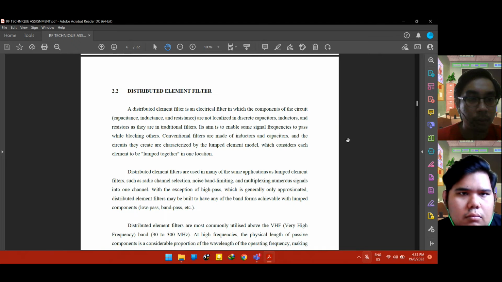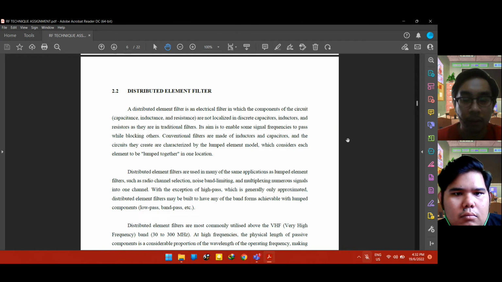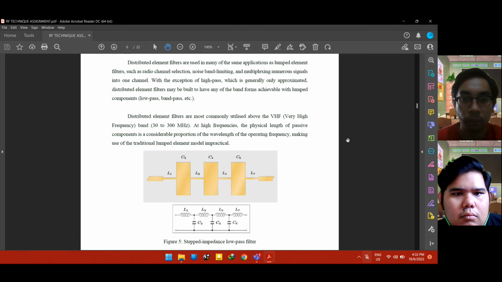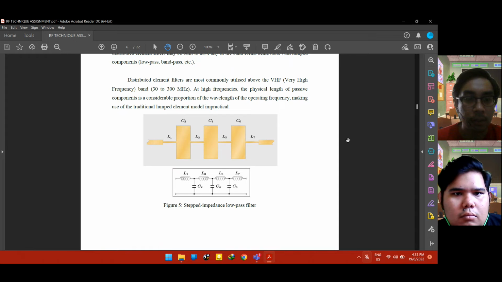this is a distributed element filter. So for this one, it is mostly used at very high frequency, which is the band 30 to 300 megahertz. At figure 5, this is a step impedance low pass filter.